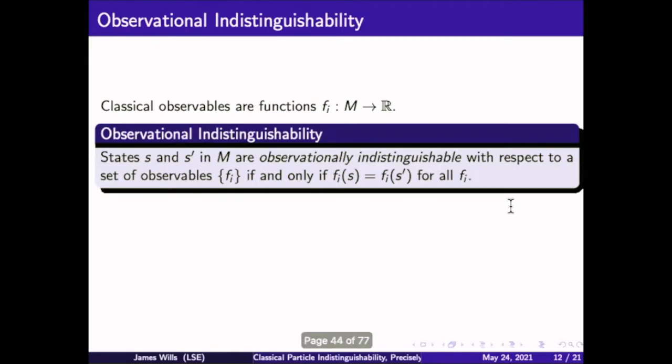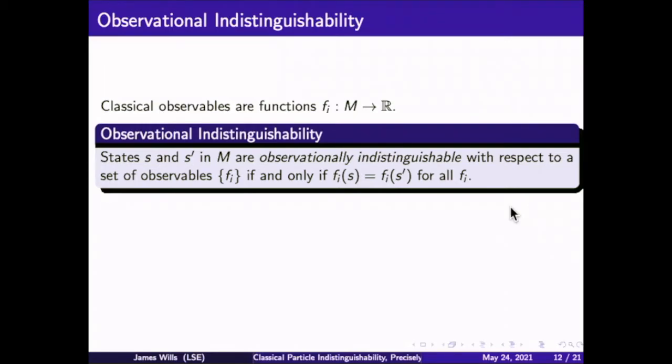On the basis of this, we make the following definition. States S and S prime in M are observationally indistinguishable with respect to a set of observables Fi if and only if the two states take the same value for all the observables in the set.